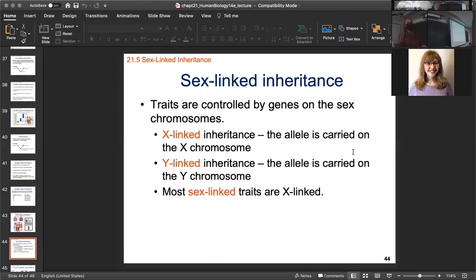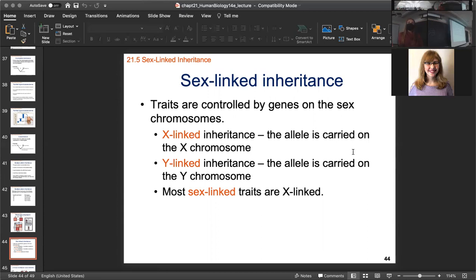This is where the traits are passed on the sex chromosomes. So you've maybe heard about sex chromosomes before. Biological females have XX, biological males have XY. That's just the chromosomes, okay? And it's saying that whatever these traits are, they're passed on that chromosome.